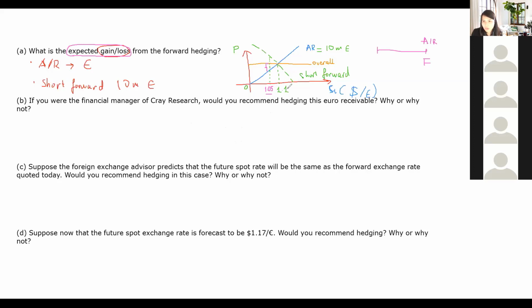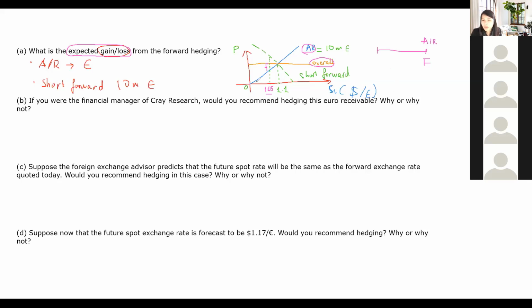Exactly right. So you want to compute the difference between the two rates. Between the overall position and the unhedged position, the difference is in the forward contract. So here the expected gain or loss will be given by the expected gain or loss of the forward contract itself.